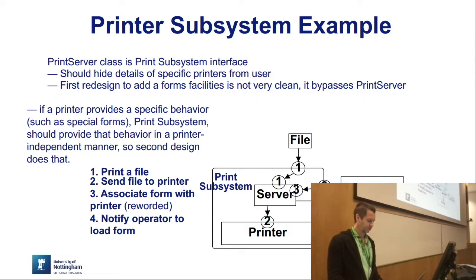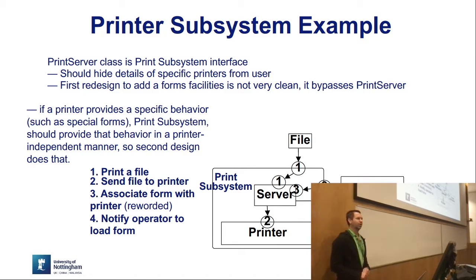If the software is designed really well, then that change will be quite easy. So print a file, send a file to the printer, associate it with a form, and notify the operator to load a form, for example. And this is the visual representation of that interaction. We should be able to swap out the old printers for new ones without affecting the user.